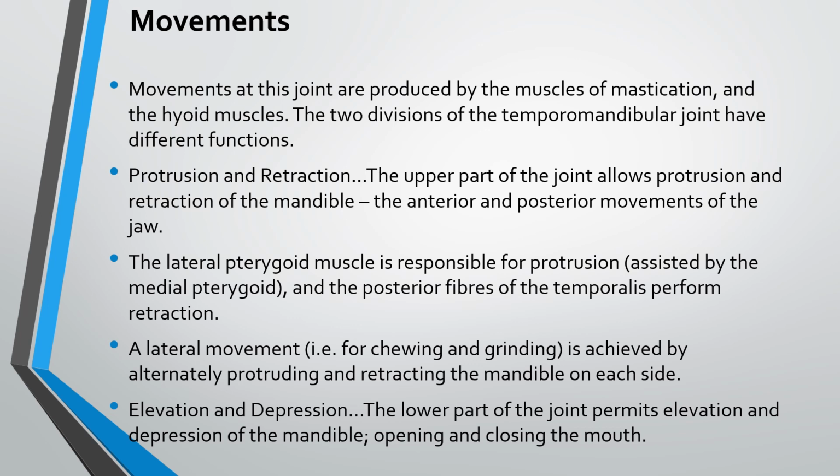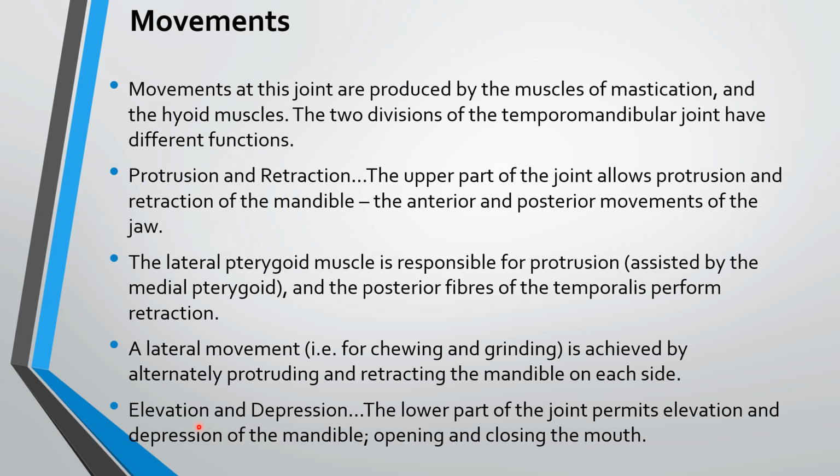So, movements. What movements can the temporomandibular joint make? Movements at these joints are produced by the muscles of mastication and the hyoid muscles. The two divisions of the temporomandibular joint have different functions.